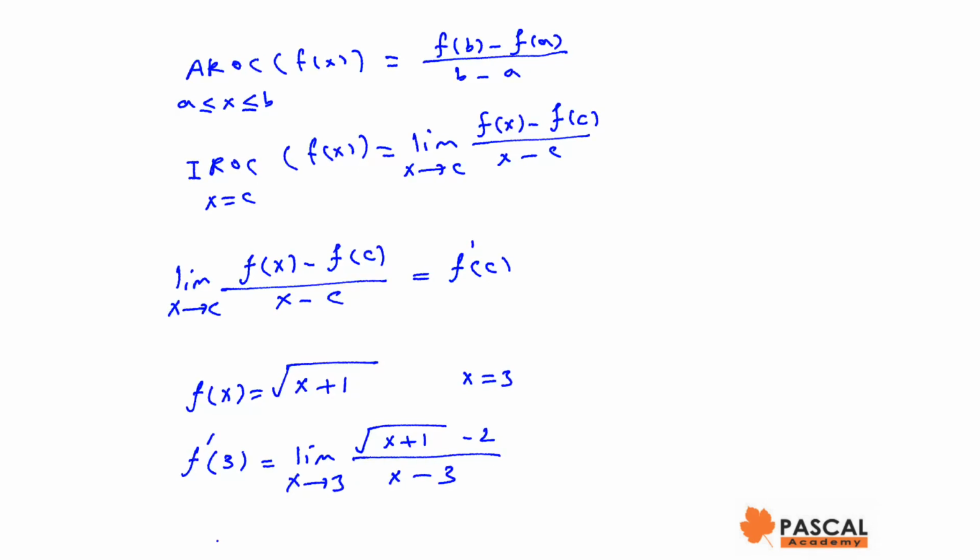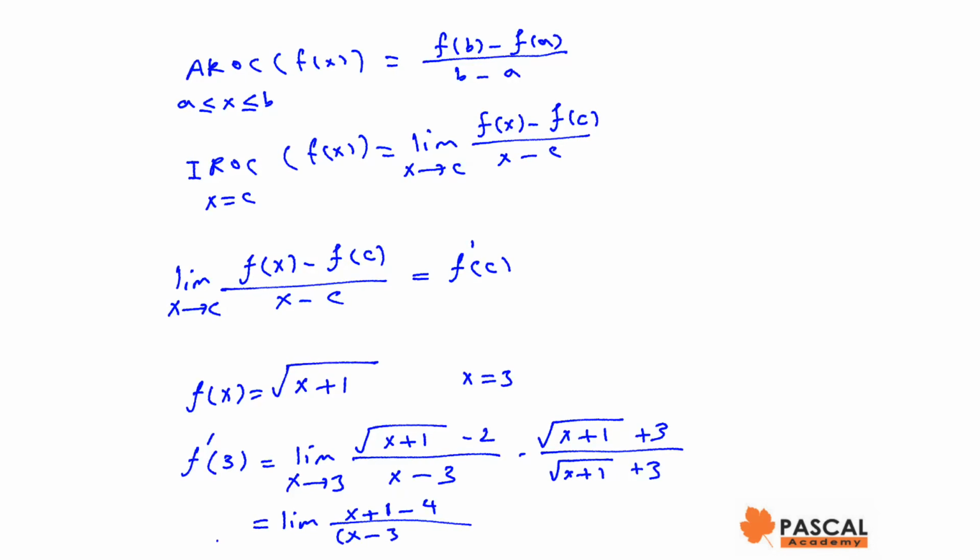As we know, to find this limit, we should multiply both the numerator and the denominator by the conjugate of the numerator. The limit would be the same as the limit of x plus 1 minus 4 divided by x minus 3 times square root of x plus 1 plus 2 as x approaches 3.